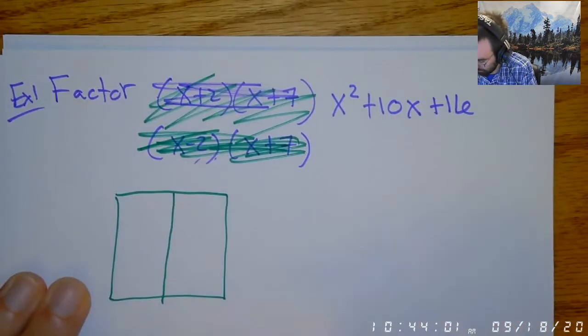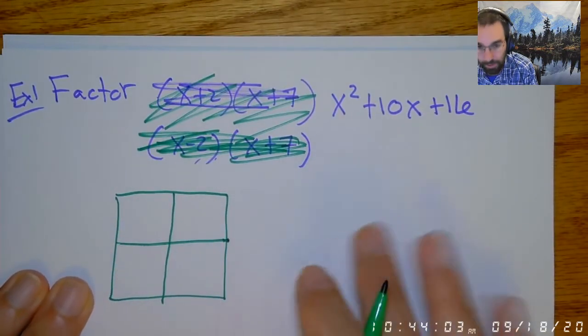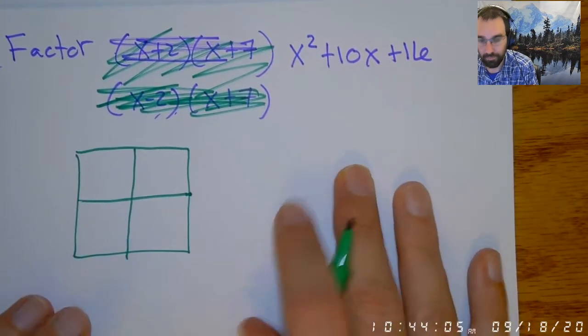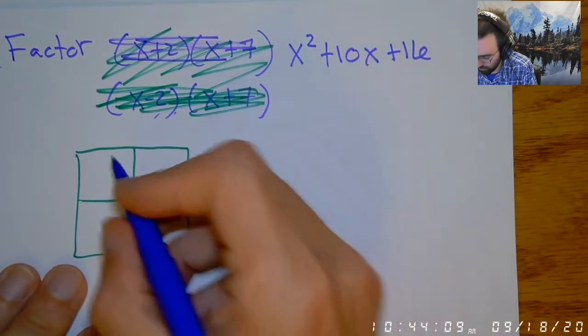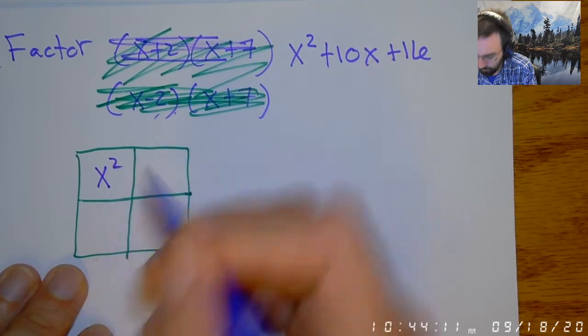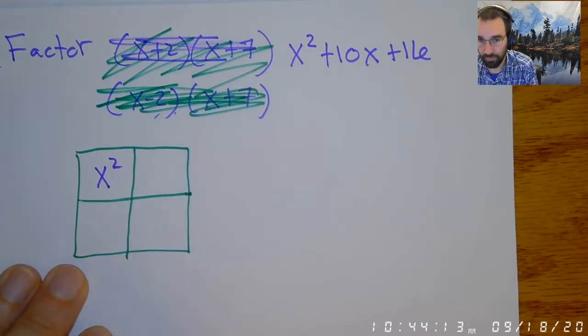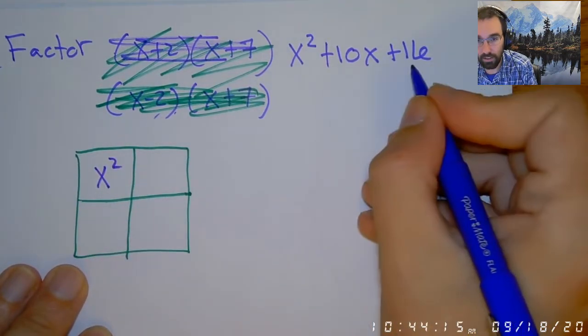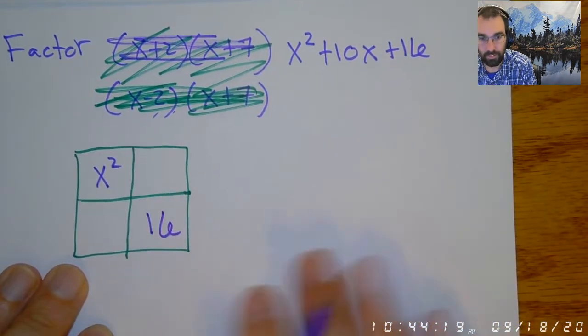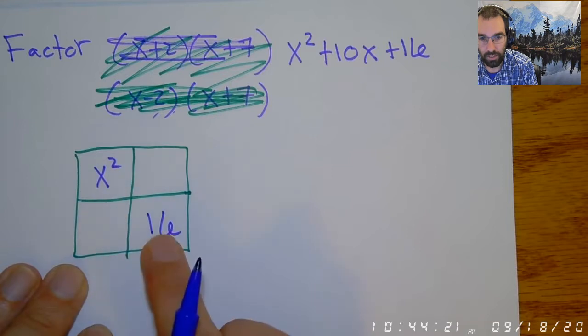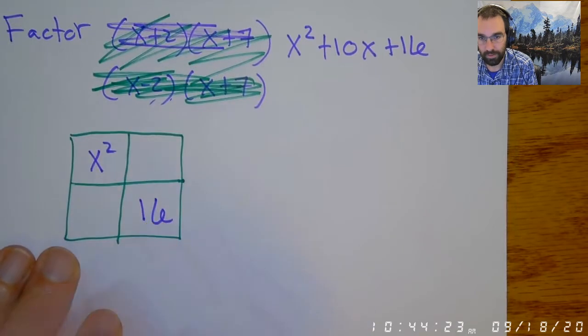The first thing I'm going to do is make my box. Then I'm going to take my squared term and put it here, and my constant term here. So I have my squared term and my constant term.